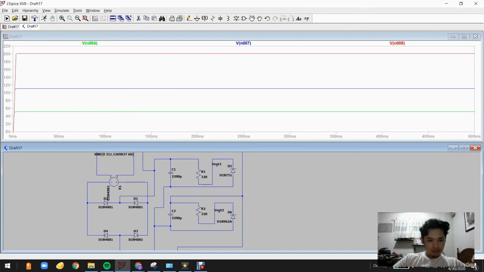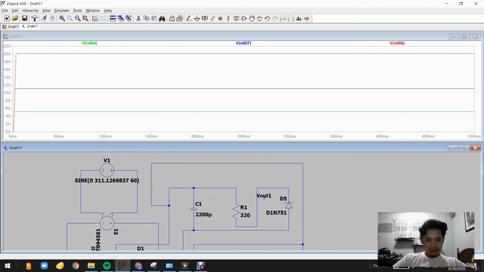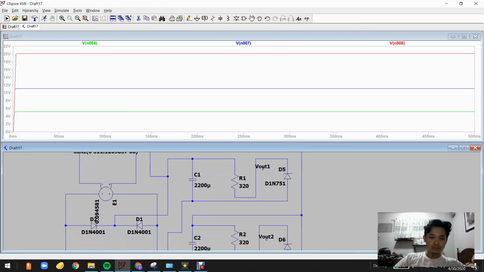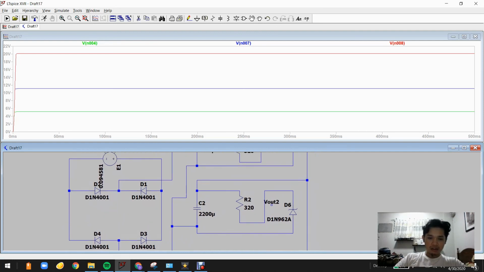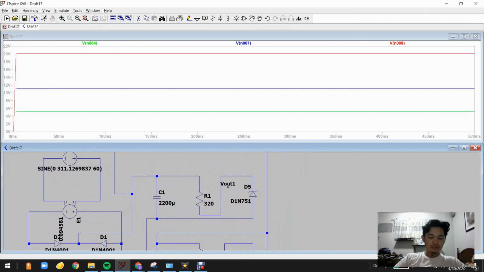So here I computed for a value of the voltage source as well as the dependent voltage source, so that it can be filtered here, and each one of these cells can process the specific voltage source.